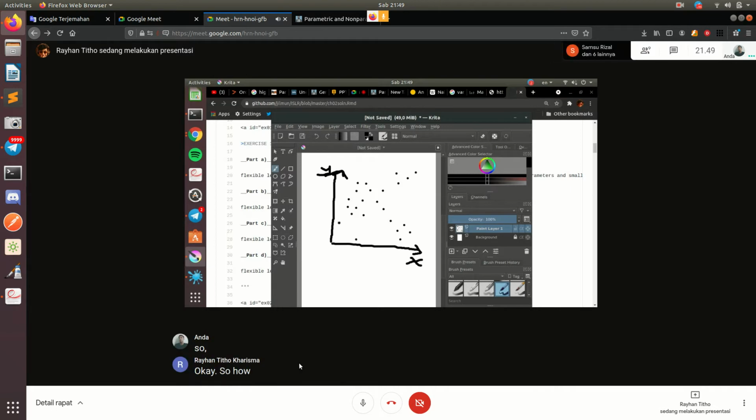How about this? It's very complex, right? It's high variance. So if you use a flexible method, I think they will kind of tend to follow it.